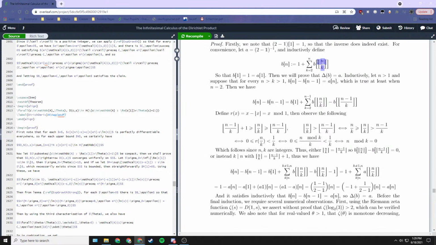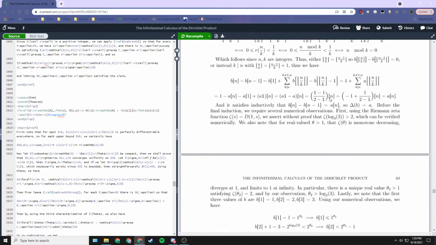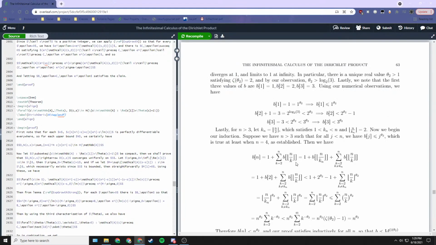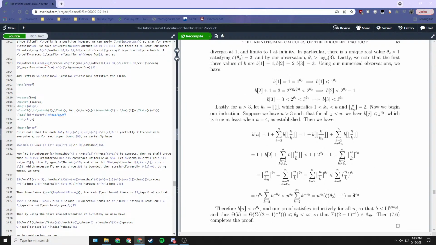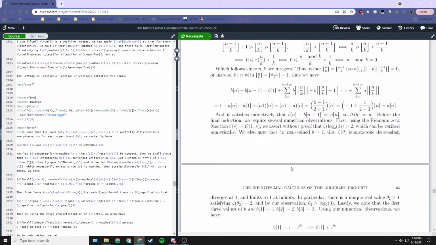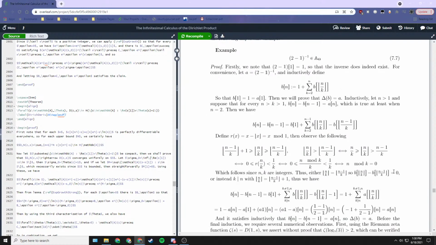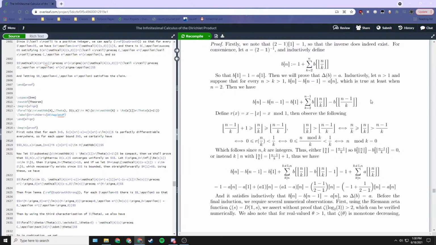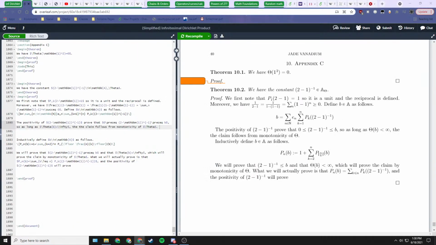Once we have this inductive definition, b sub n is just a summation of the b's below it, using this weird sort of inverse scheme. We just prove that when you sum all these up, they end up really nice in an induction. Maybe this is the only way. Anyway, there are lots of interesting floor calculations here. So that's essentially what we're working towards.